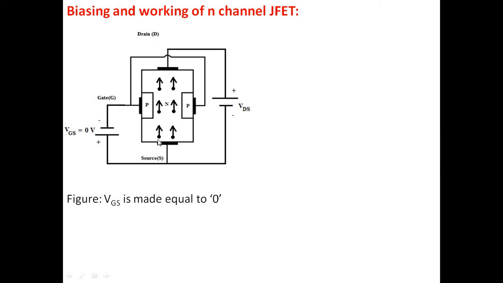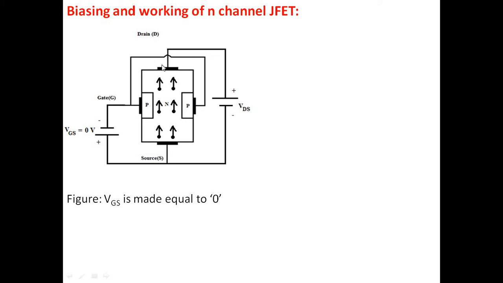Now let us come back to the source and the drain. Charge carriers always start at the source and move towards the drain. If it is an N channel, the charge carriers have to move from the source to the drain. Electrons are always attracted towards the positive terminal of the battery, because they are negatively charged particles.